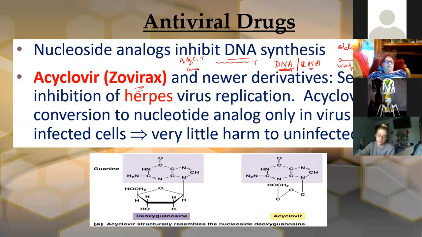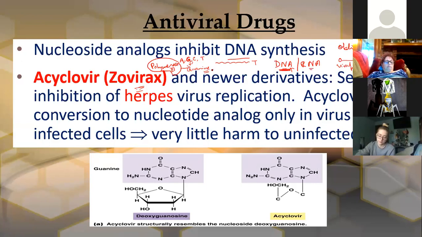It's not guanine, but it tricks the polymerase enzyme, which is also ours, by the way. We trick our enzyme, so instead of guanine it picks up the similar type of guanine that we make.